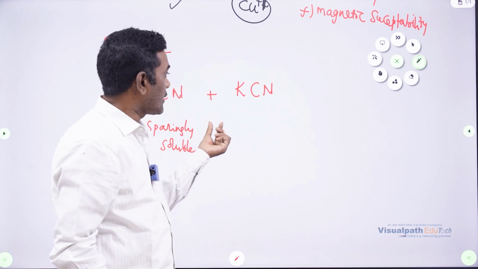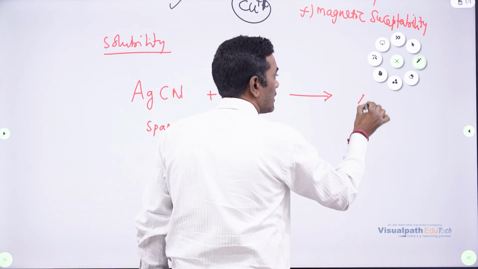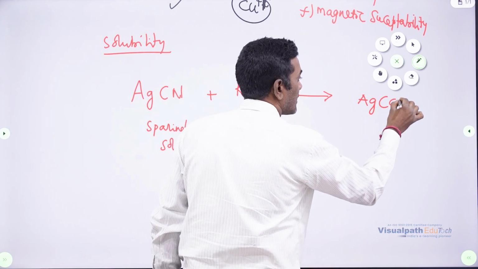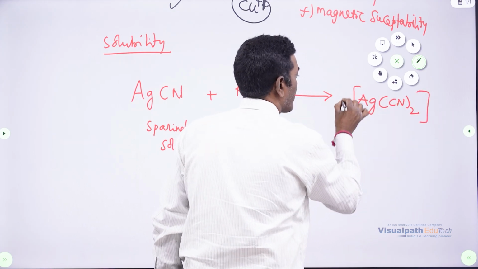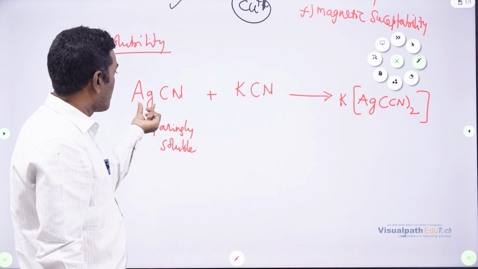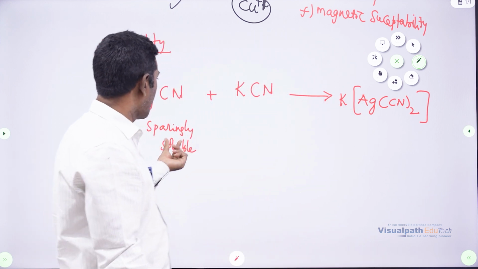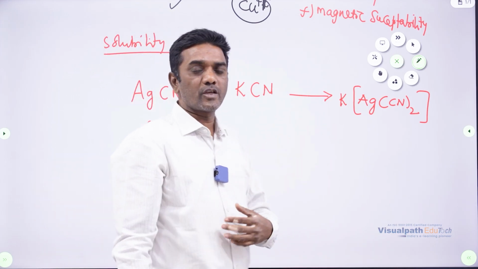AgCN reacts with potassium cyanide to give K[Ag(CN)2]. So this is a sparingly soluble compound which, upon reaction with potassium cyanide, gives you a complex.